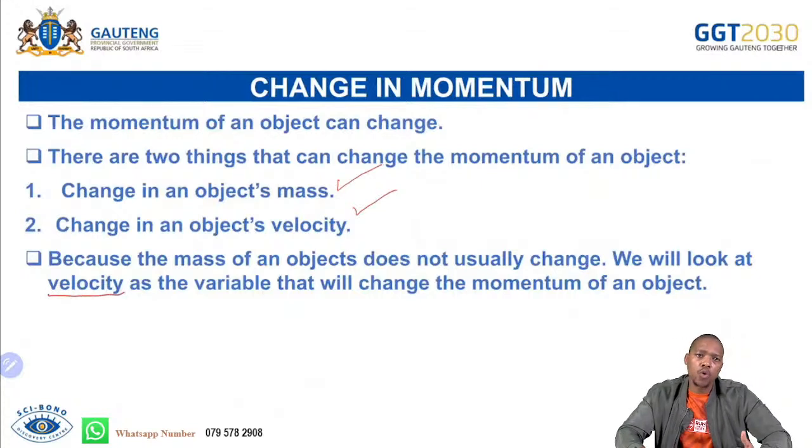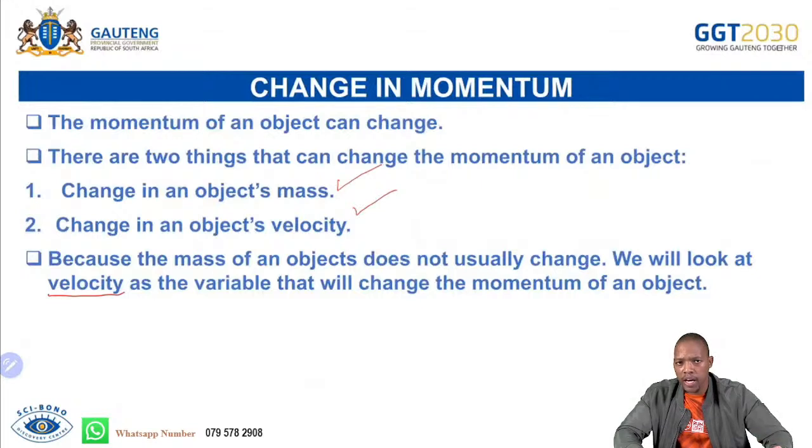We're not going to consider the change in mass. Not to say that the change in mass does not change the momentum, but we are saying that it is highly unlikely that within the same movement, the mass of the object changes. Most of the time, what will change is the velocity of that particular object.